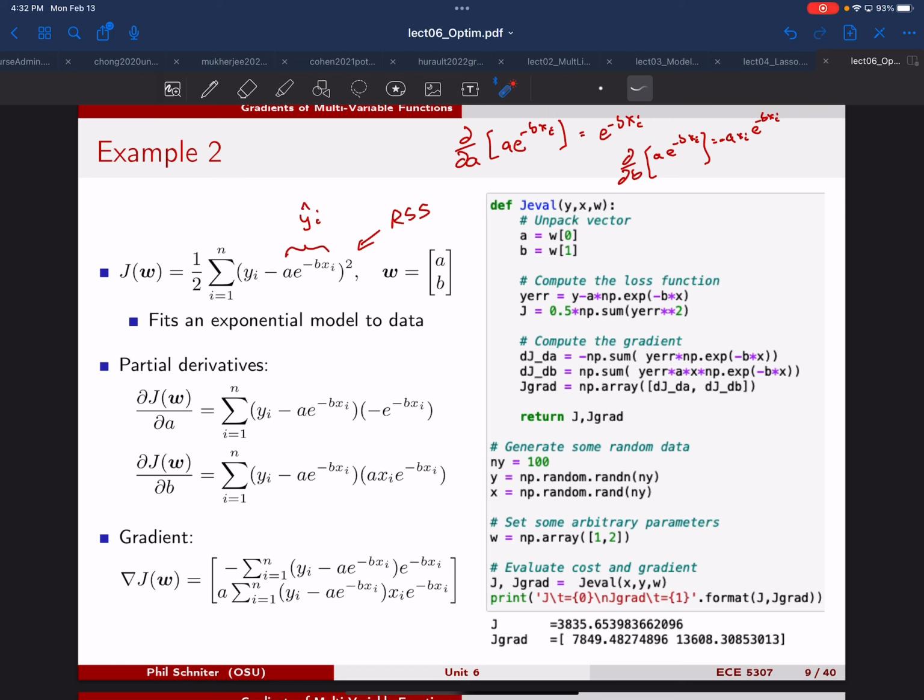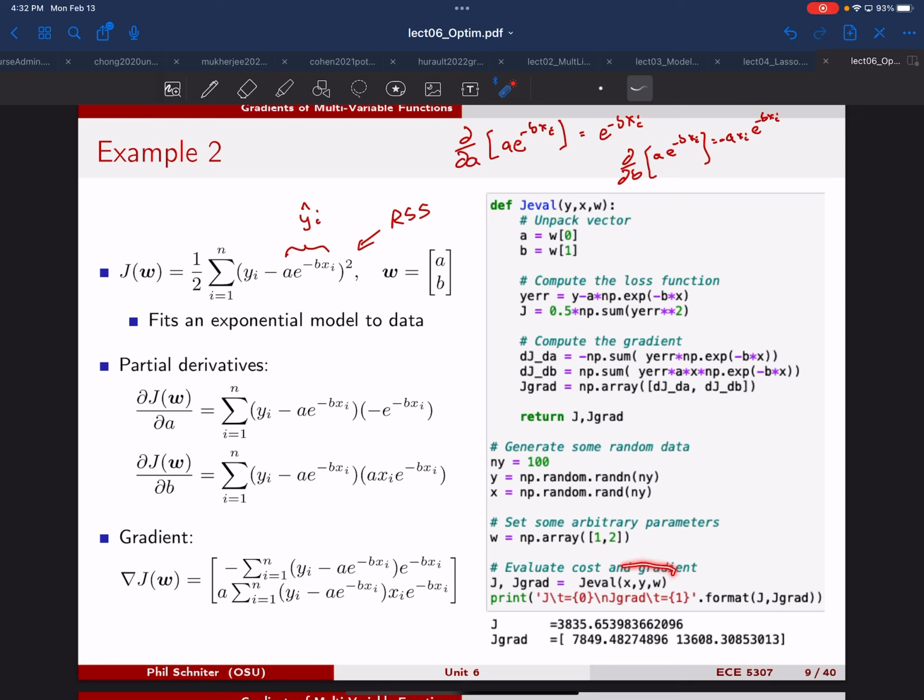So anyway, once we have these two scalars, we can pack them together into a NumPy array. Now this is just a vector with two elements, and we can return the cost in that vector. So to use this little function, we're generating some random data. We are generating some numbers for W, 1 and 2, for no reason, just picking those numbers.